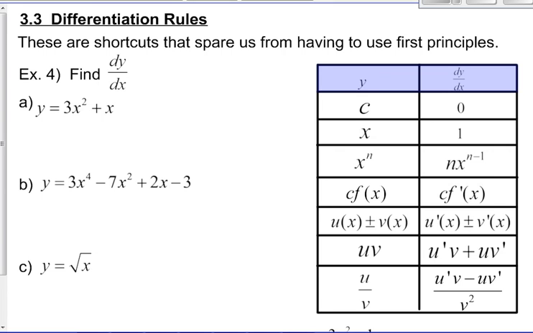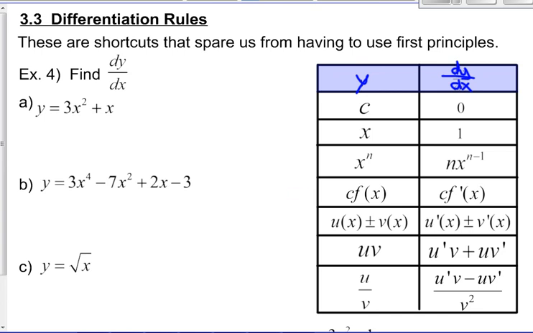So the table on the right is just saying if you have a constant, its derivative is 0. So this is dy by dx. If you have x, its derivative is 1. x to the n is nx to the n minus 1. So the power goes down by 1. The old power comes down front.